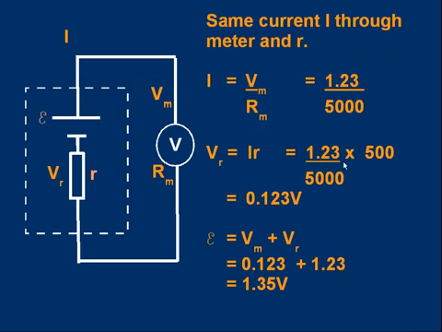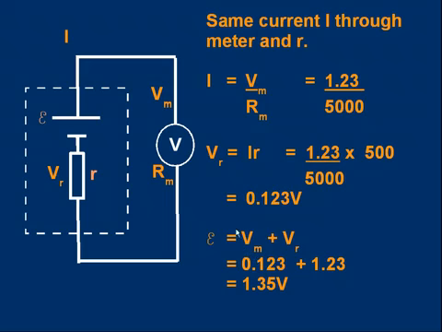Lost volts is current times internal resistance. 1.23 over 5,000 is the current multiplied by the internal resistance, which was 500. And you'll note 500 cancels top and bottom, leaving 10 on the bottom. The lost volts is 0.123 volts.